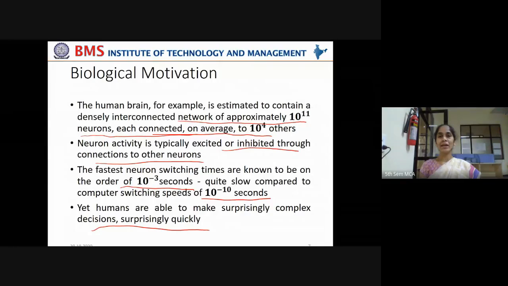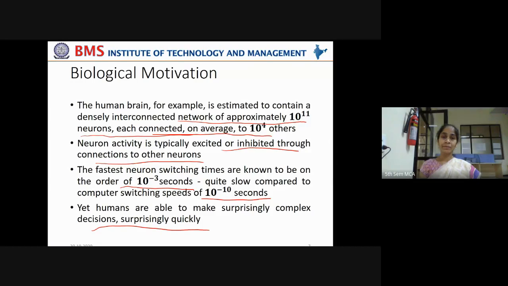As I gave you the example of a person walking on the road who is confronted by a vehicle almost colliding with him, he'll take a quick decision to escape or go to the side of the road. How is it possible? How is it being processed so quickly in the human brain, though it is not as fast as the computer switching speed?